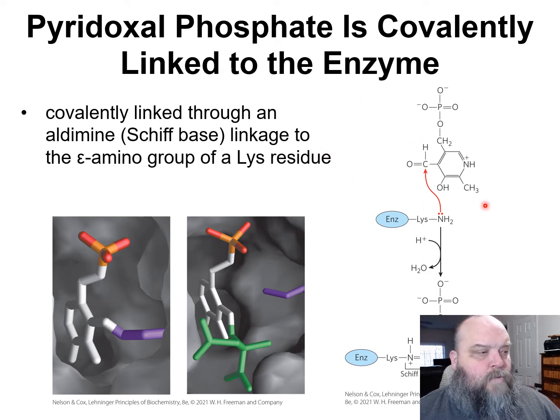And we have to keep in mind that the PLP is not free floating in the active site. It is covalently linked through a Schiff base. And no, I don't remember what Schiff bases are, so if I don't remember it, I'm not going to expect you to remember it. That's that organic chemistry crap coming up again.